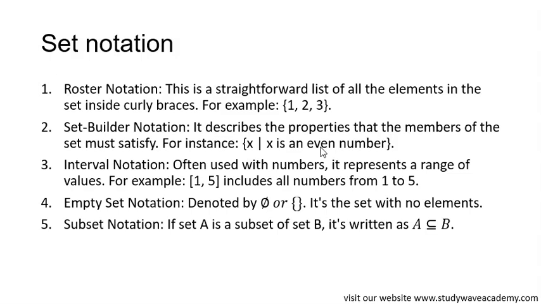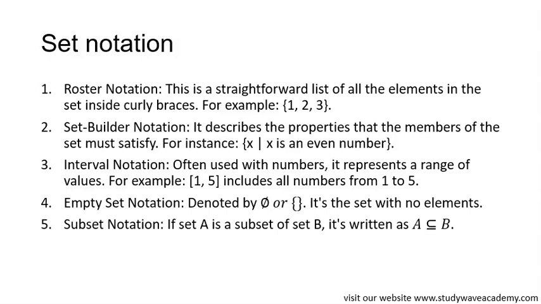Do you understand? Another example, you have a set B and you see this. It means B is the set of all values of x where x is an even number. Do you understand that? Good. We also have interval notation. Often used with numbers, it represents a range of values.